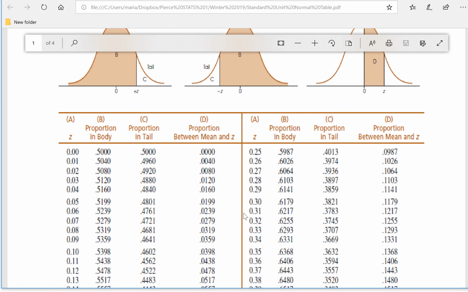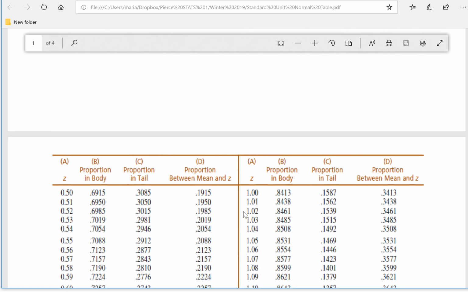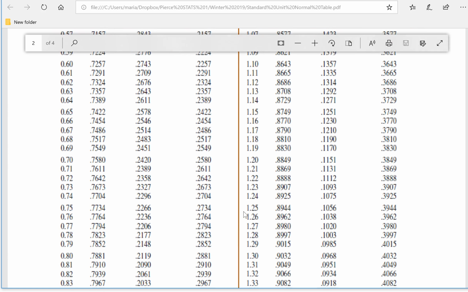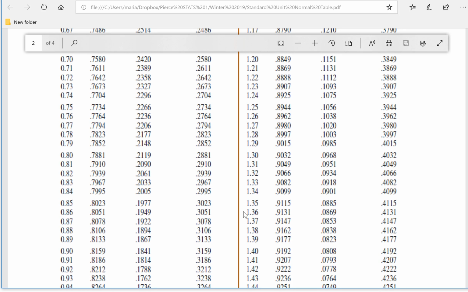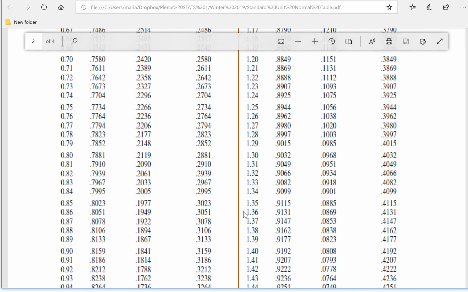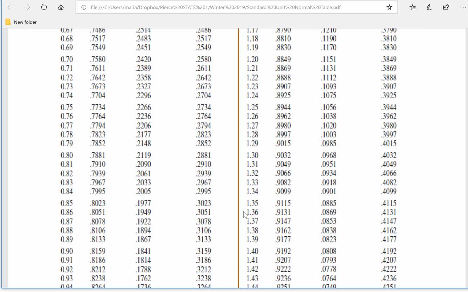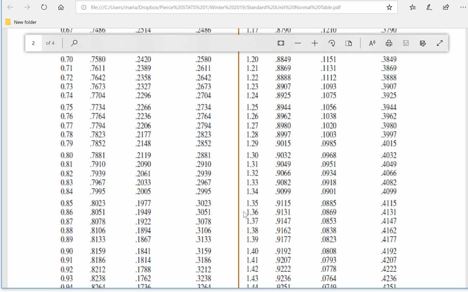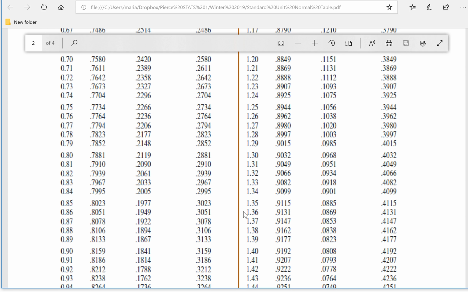We need to find that Z-score of 1.33, and it's going to be in column C. Here is 1.33. Remember, this is column A, this is column B, and there's column C. So our probability for a Z-score of 1.33 is 0.0918.